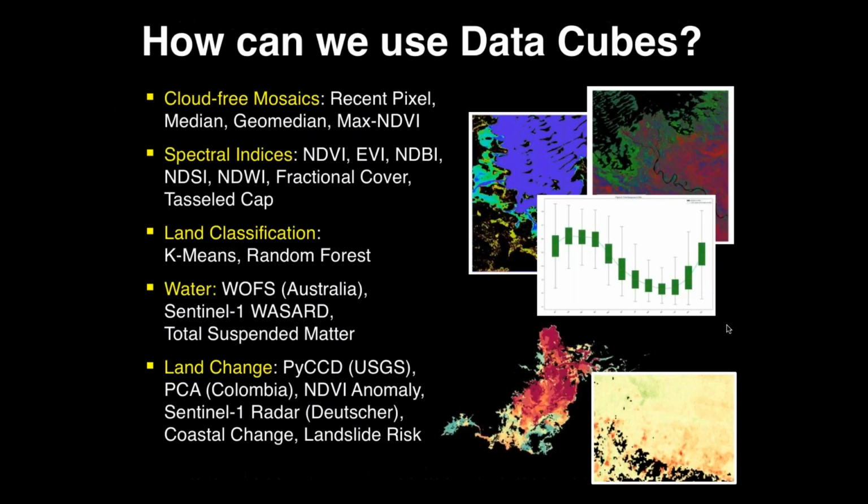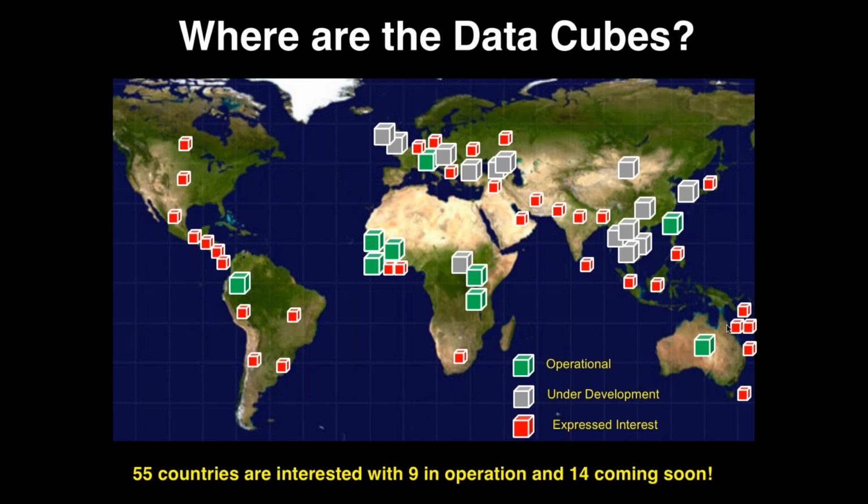So here's where we are now. We have a lot of data cubes around the world that are under development, a number of countries that have expressed interest, and you see the 5 green boxes in sub-Saharan Africa that are part of your African Regional Data Cube. So we have 9 operational cubes right now.